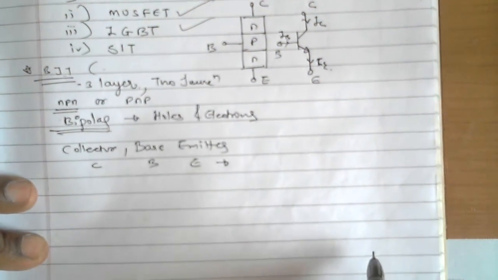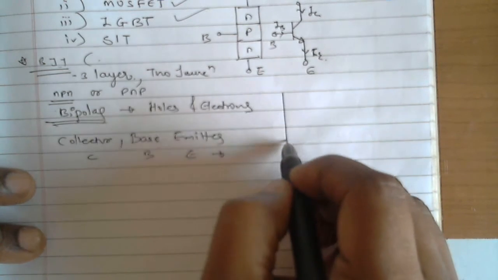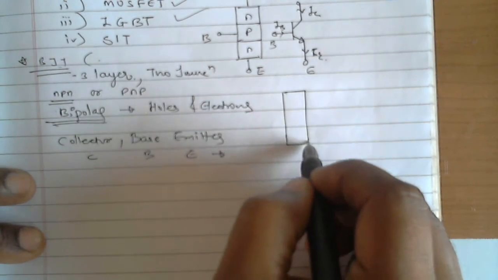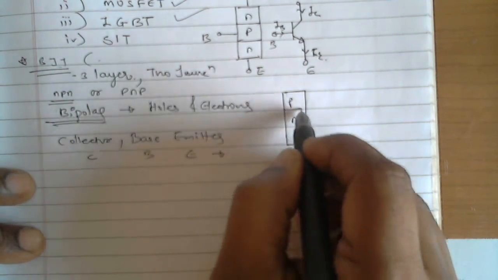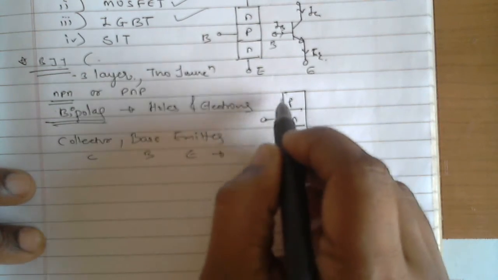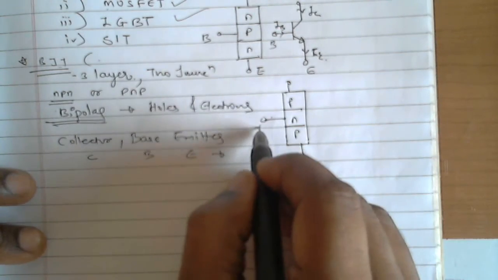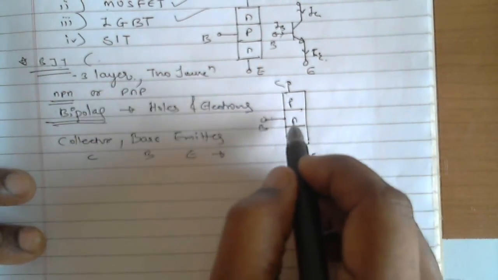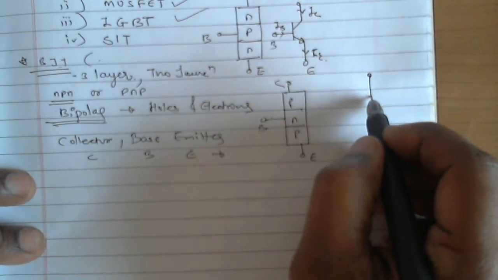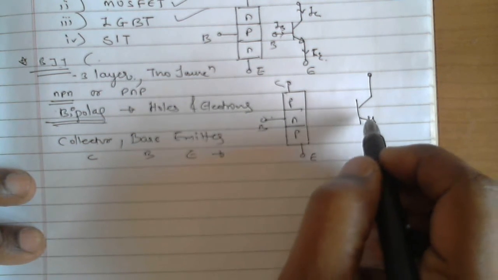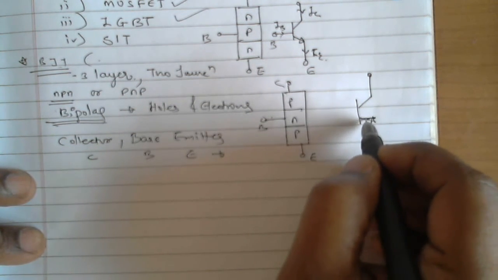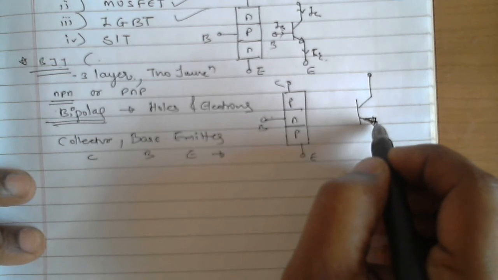Now if it is a PNP transistor, like this, with base, collector, and emitter, the symbol is the same, the only difference is the direction of the arrow.